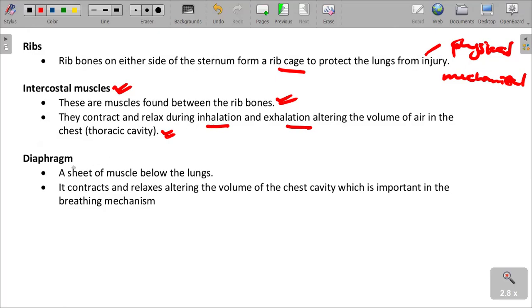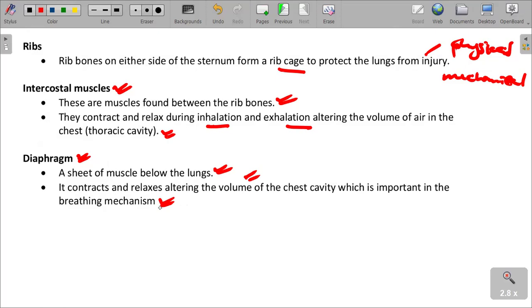We also have, lastly, the diaphragm that we mentioned. It is a sheet of muscle below the lungs. The diaphragm contracts and relaxes, altering the volume of the chest cavity, which is the most important breathing mechanism.